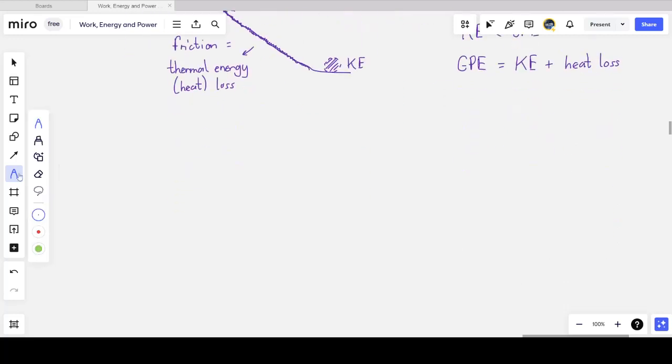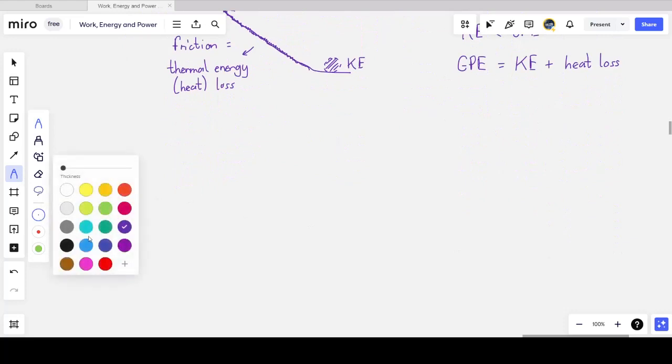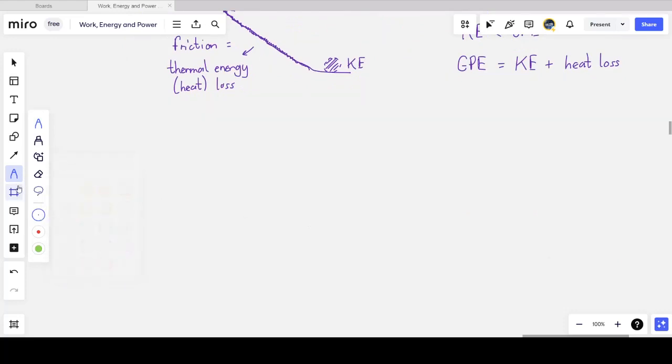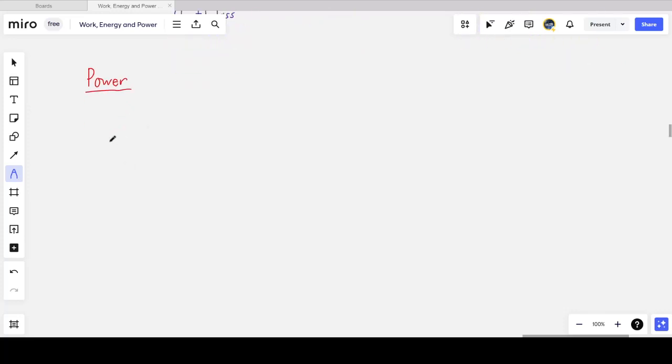Now, efficiency can also be used when we discuss things like power. But how do we think about power? Well, again, we throw this word around quite loosely when we talk about energy generation for electricity. But basically, in science, power is the rate at which we do work.